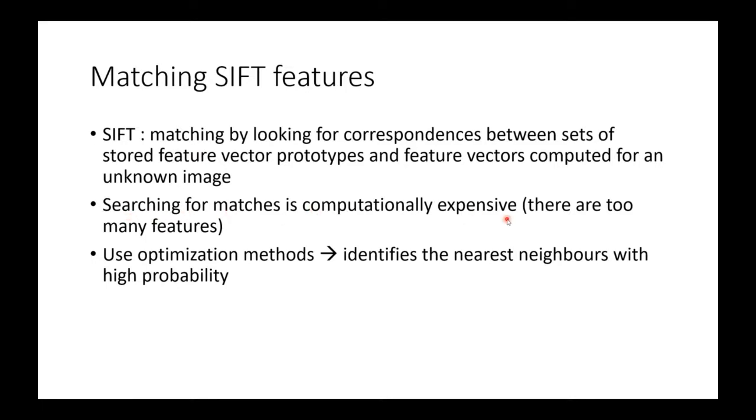But searching for matches is obviously computationally expensive because there are too many features. If you remember our SIFT lecture, we can generate hundreds and thousands of features from an image. So a better way of doing this is using optimization methods where we identify the nearest neighbors with the highest probability of matches.